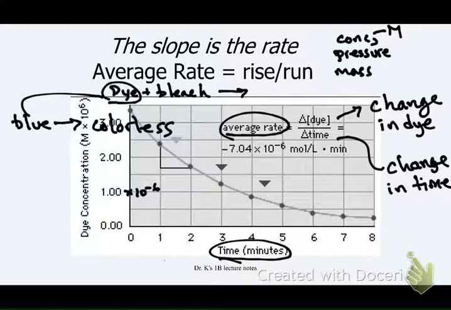Now, if I gave you a graph like this and asked you to calculate the slope and didn't tell you anything else about it, you could do it, right? You take rise over run. So you would take this value.